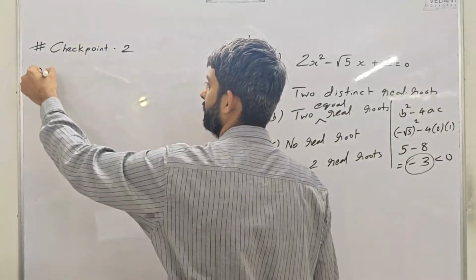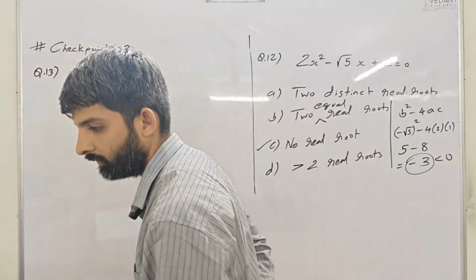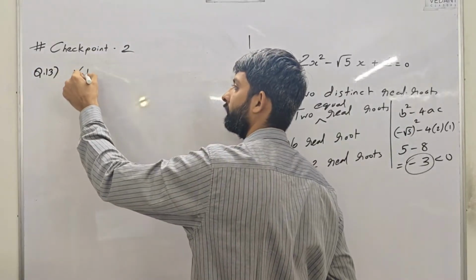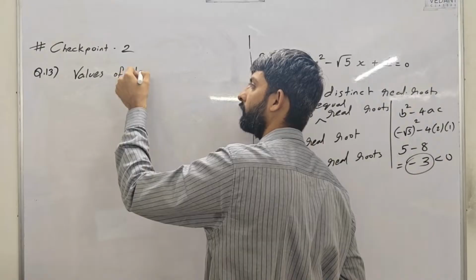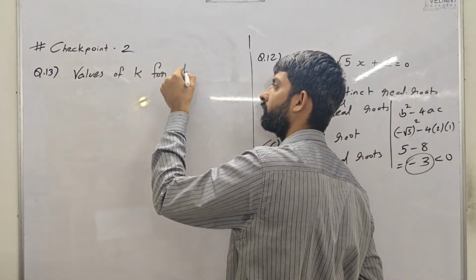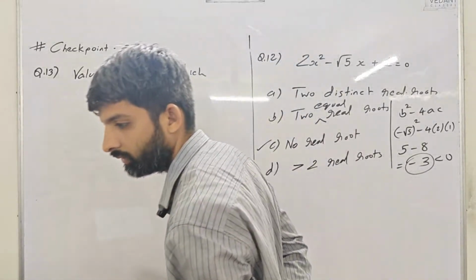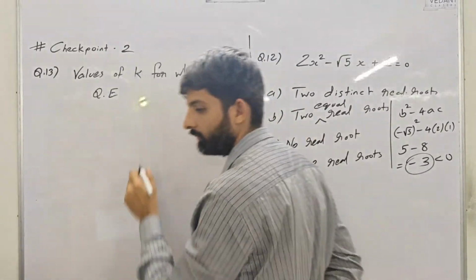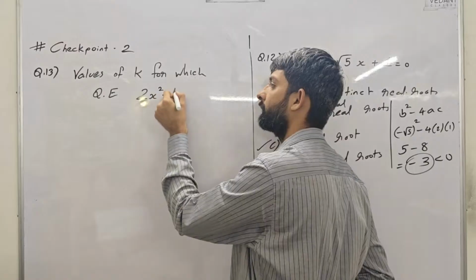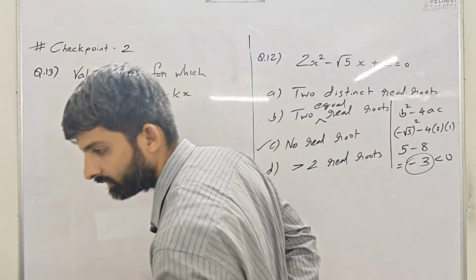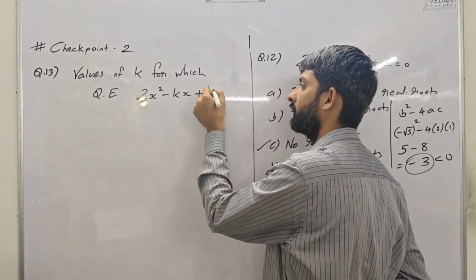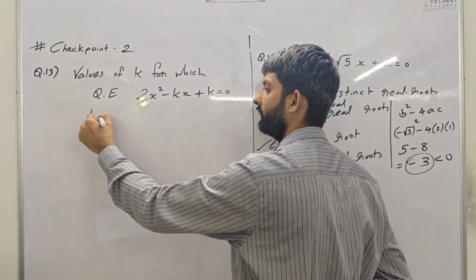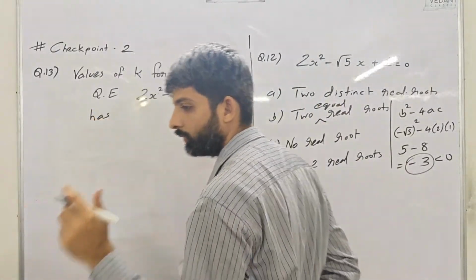Okay, let's see question number 13. Values of k for which the quadratic equation 2x square minus kx plus k equal to 0 has equal roots.